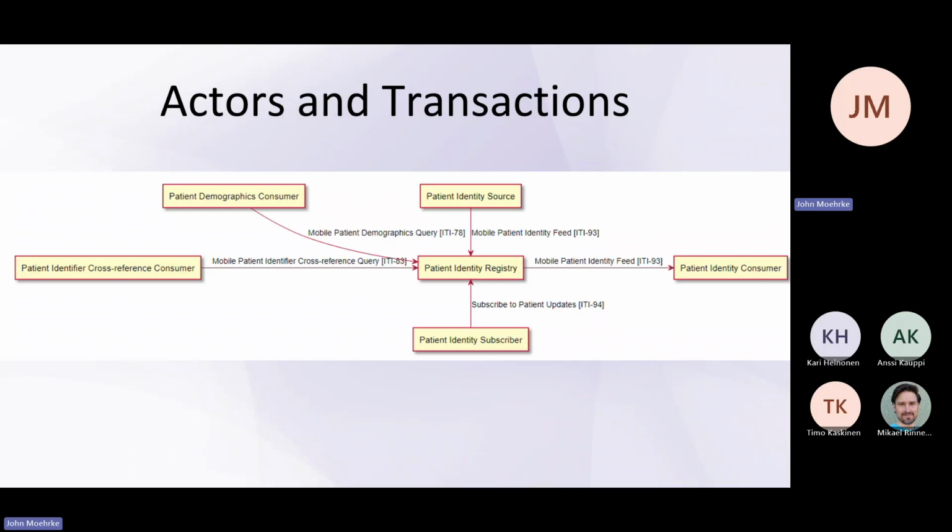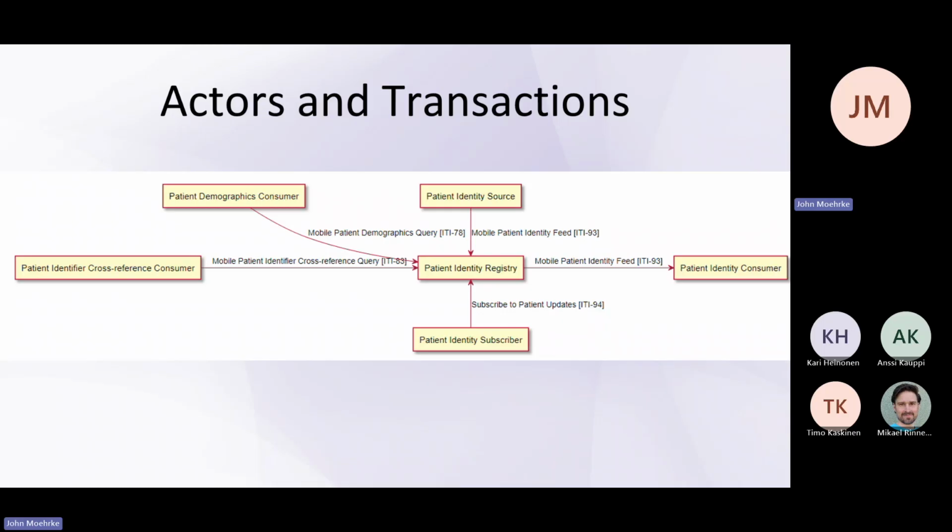The top side there with the patient identity source is much like the identity source in PIXm, except that in this case, we're adding business logic that says that if you're going to feed updates to the identity registry, you have to be an authorized identity source that knows that you must not add duplicate identities.